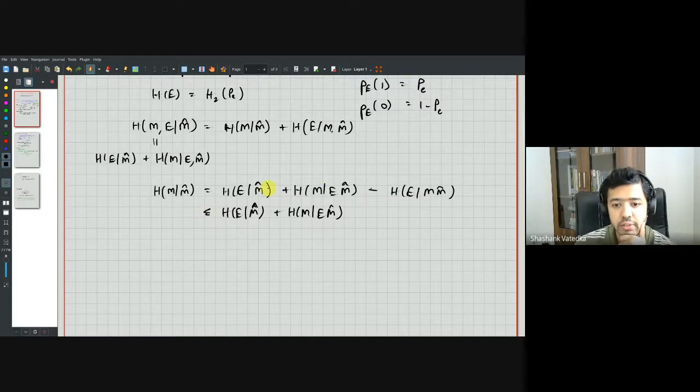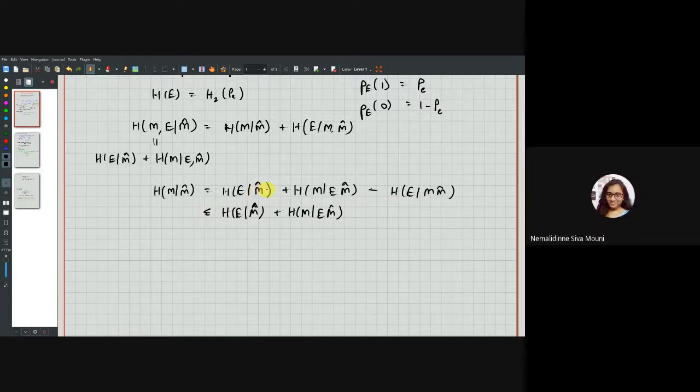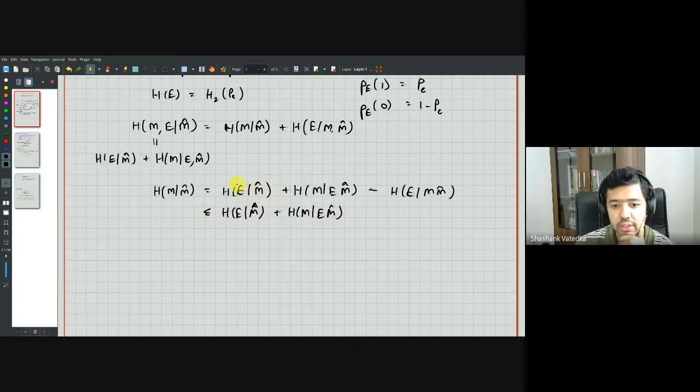If I say union bound? Not the union bound. So I have three numbers, A, B, and C, and you have A plus B minus C, and I'm saying that A plus B minus C is less than or equal to A plus B. So what property about C am I using over here?